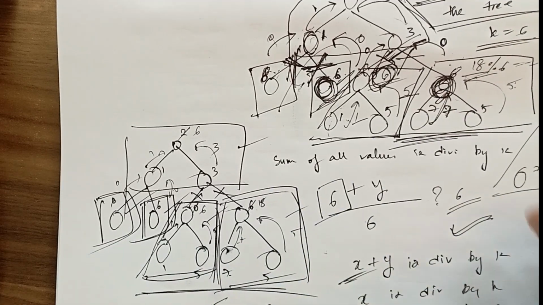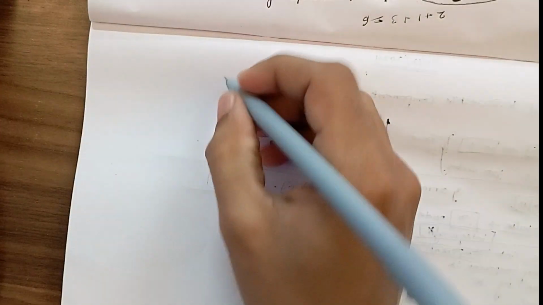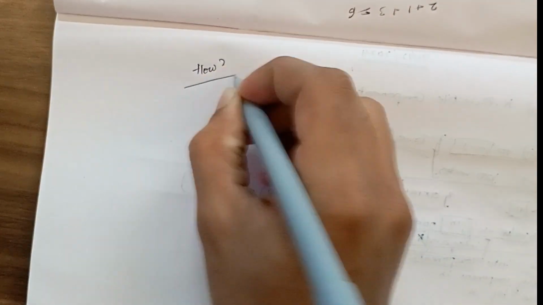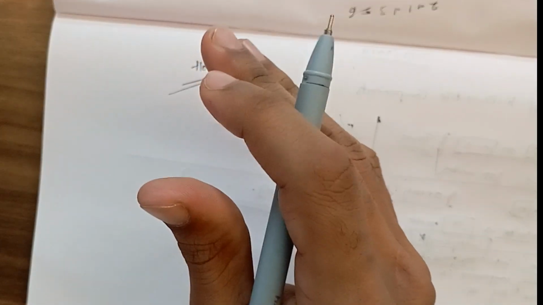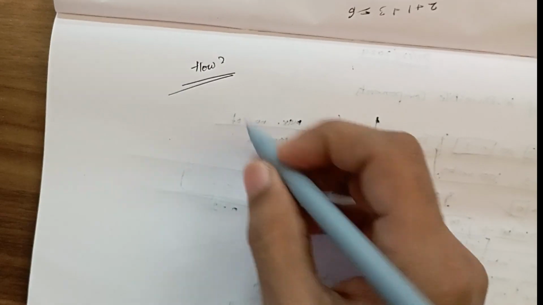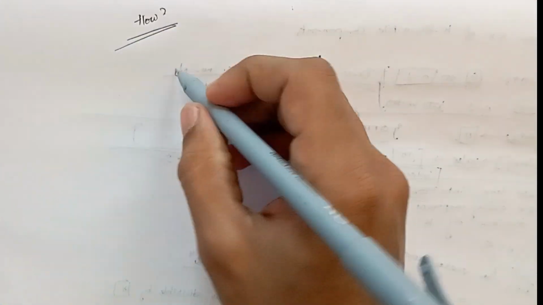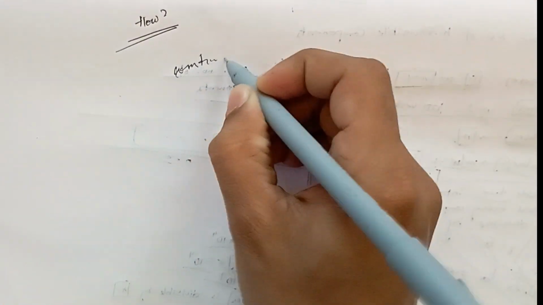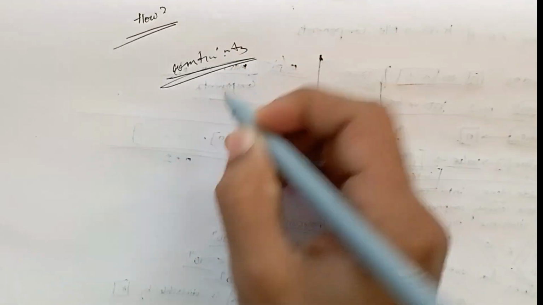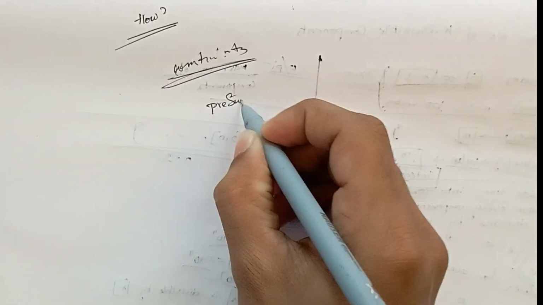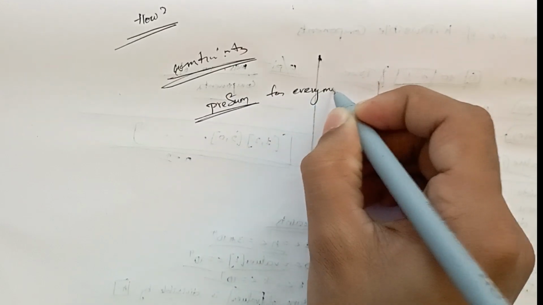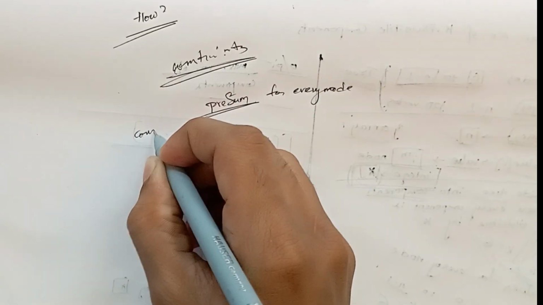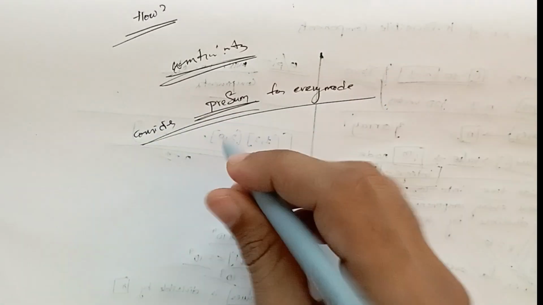So the problem here is how we'll be doing this. That means, as I said, constraints are important. Don't neglect them. Here, we will be considering the prefix sum for every node.